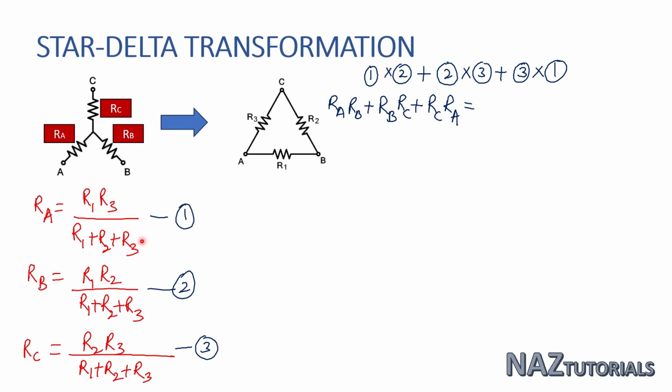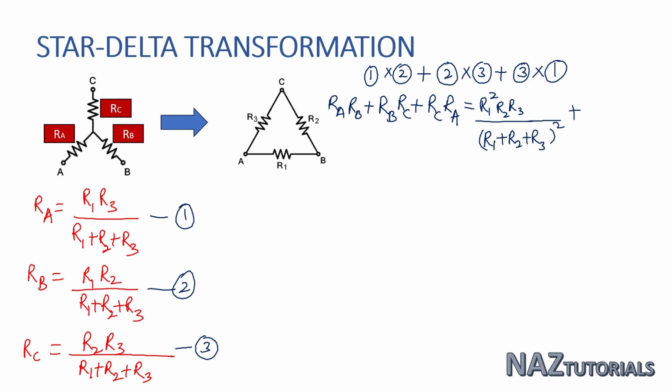If you see 1 into 2, you will get R1 square R2 R3 divided by (R1 plus R2 plus R3) whole square.